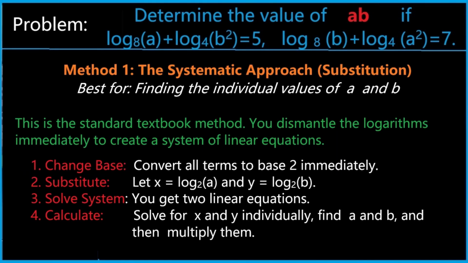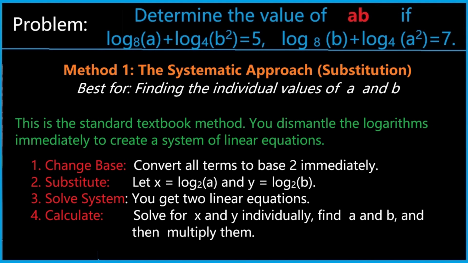Summary of Method 1. The systematic approach, substitution. This method is ideal when you want the individual values of A and B. It follows the standard textbook procedure. Break down the logarithms and form a system of linear equations. Step 1. Change base. Convert all logarithms to base 2.